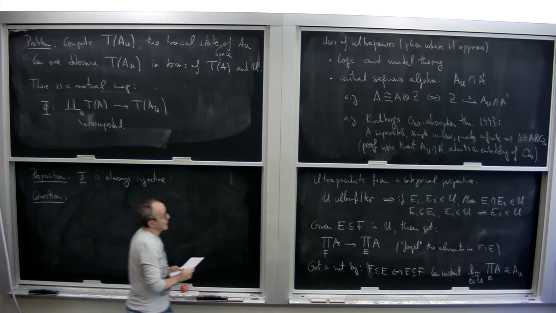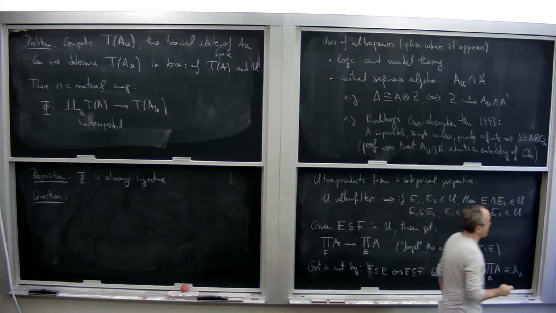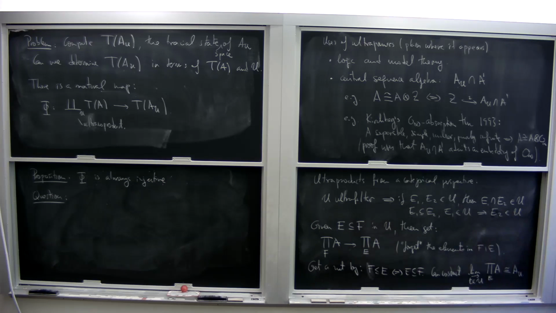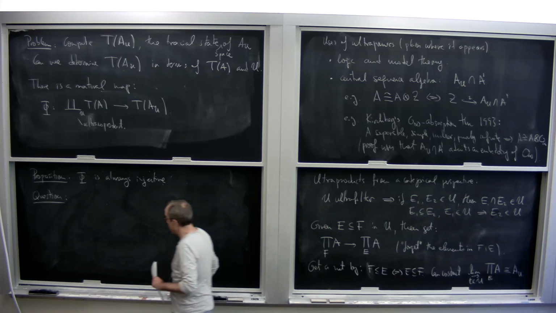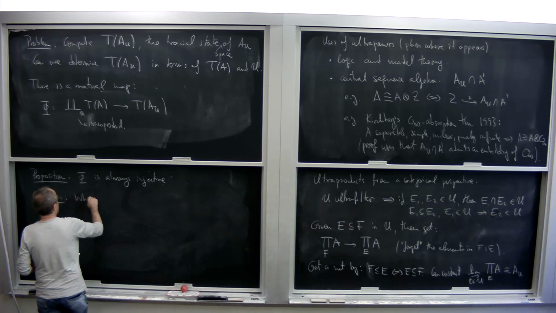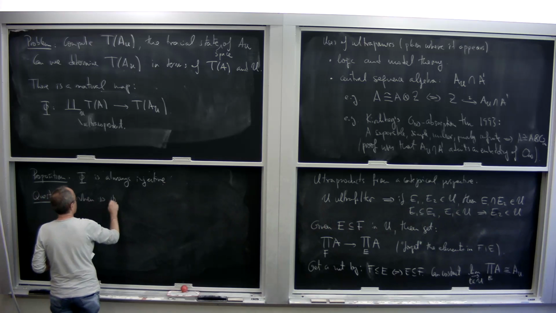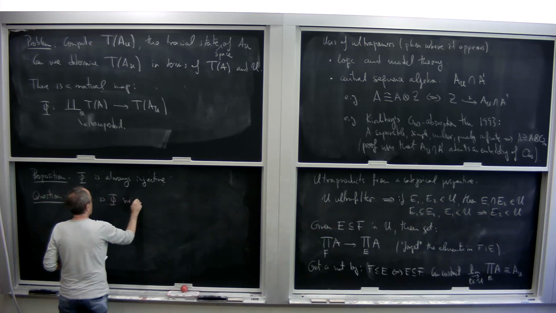Because this gadget here is determined by the traces of A and the ultrafilter, right? So one wants to ask when is phi surjective?